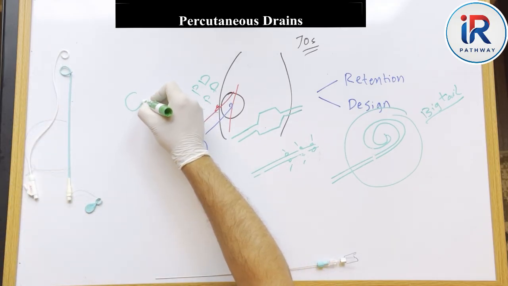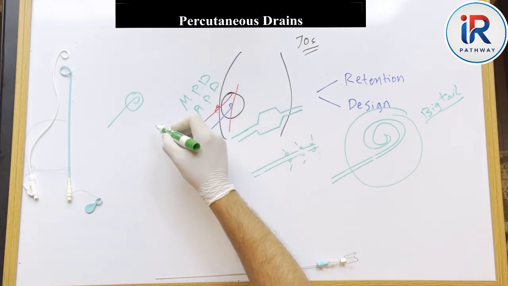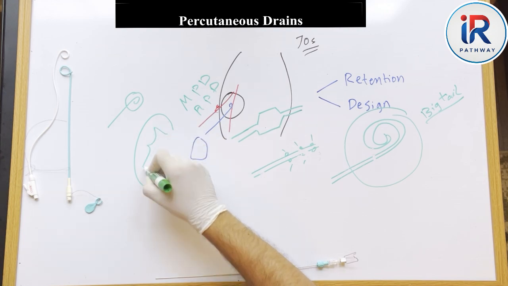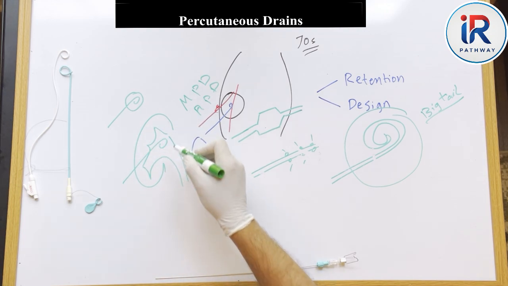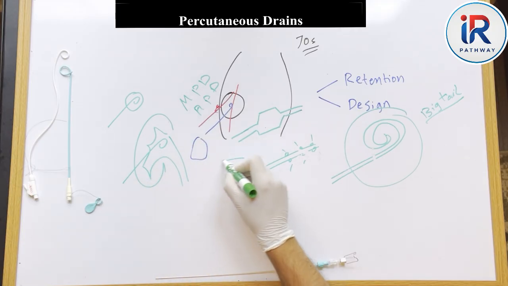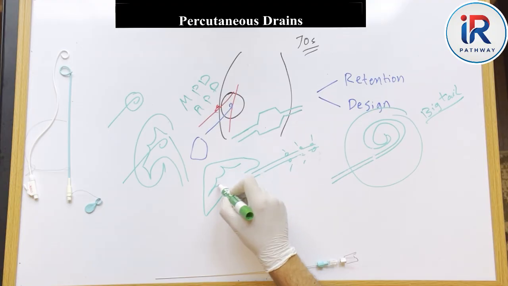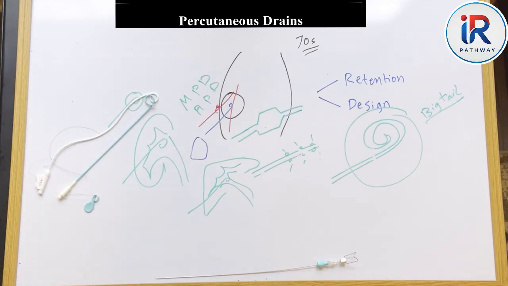For example, if I have a collection somewhere in the body, a pigtail can be inserted for drainage, even without a collection, like a hydronephrotic kidney, for example. We can still use a pigtail to drain the urine. Same idea here in the liver with biliary dilatation. We can insert again the pigtail drain and drain the bile, and so on.